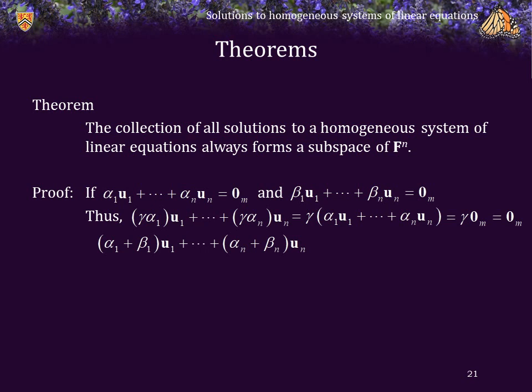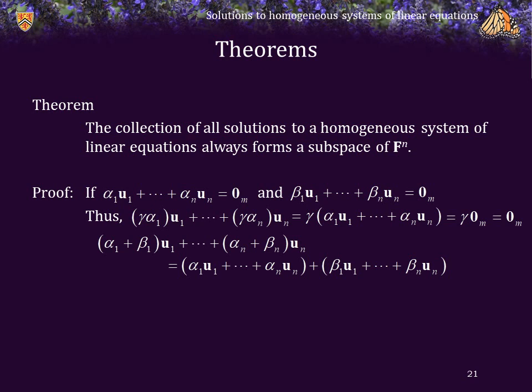And if we take this linear combination of the vectors u, we can determine once again that using the properties of scalar multiplication and vector addition, the first sum is equal to this sum of two linear combinations.